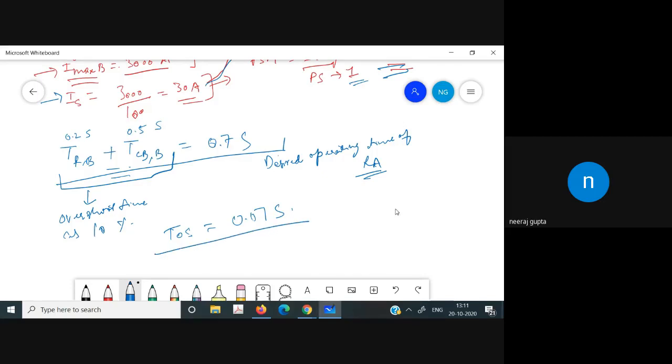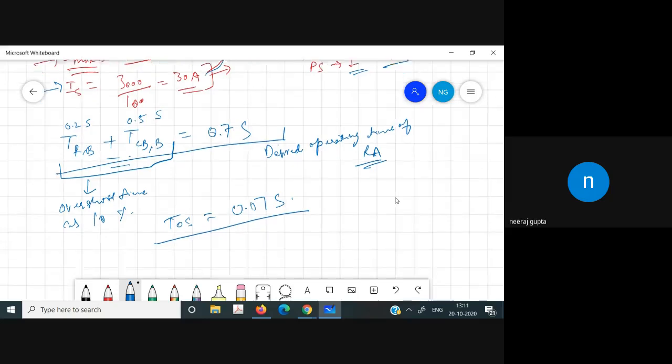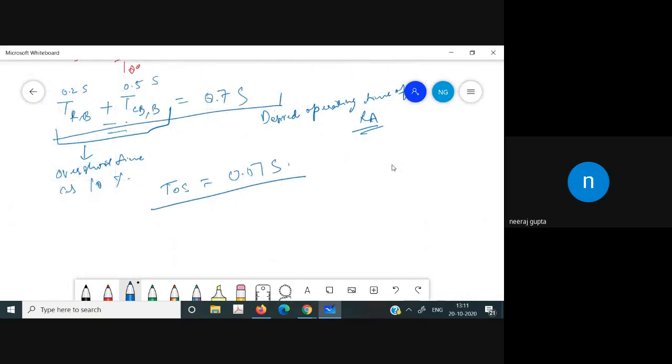So the operating time of RA. We are getting this operating time and then the overshoot time.